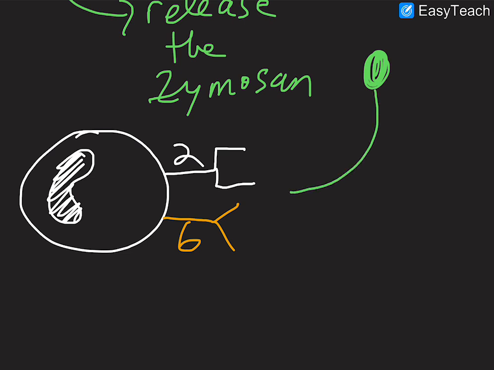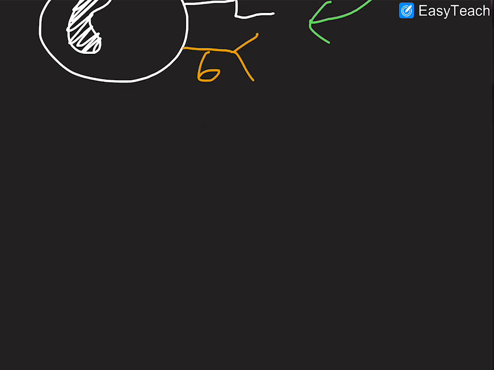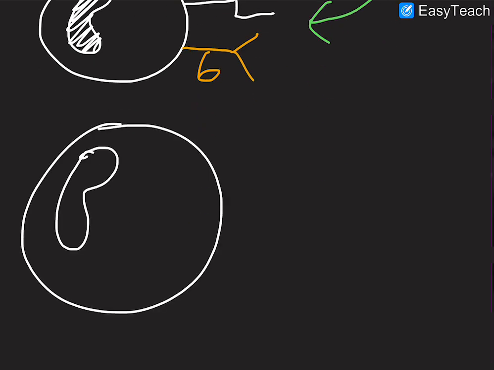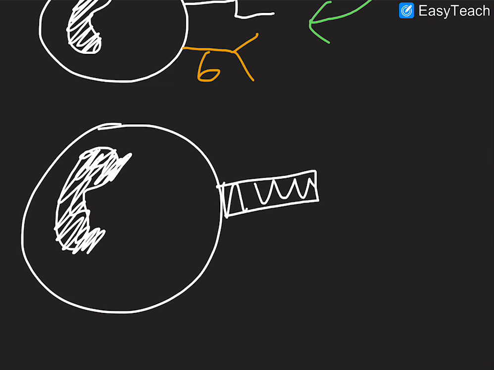If zymosin binds to toll-like receptors 2 and 6, it's going to lead to the dimerization of toll-like receptors 2 and 6. So we're going to have our macrophage here, and that's our nucleus. I'm going to represent the dimerization like this. This is toll-like receptor 2, and it's dimerized, forming a heterodimer with toll-like receptor 6.